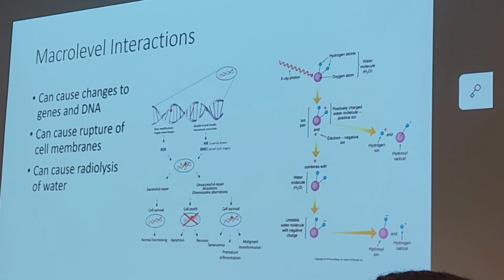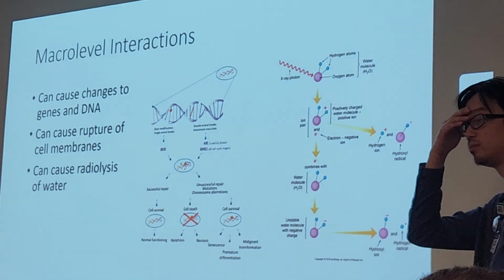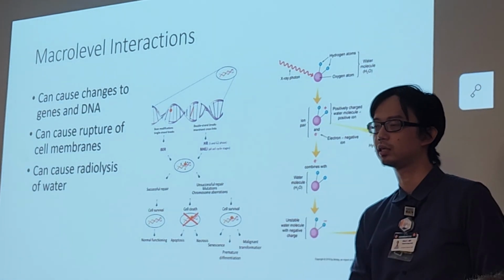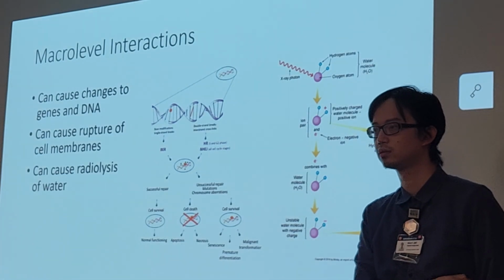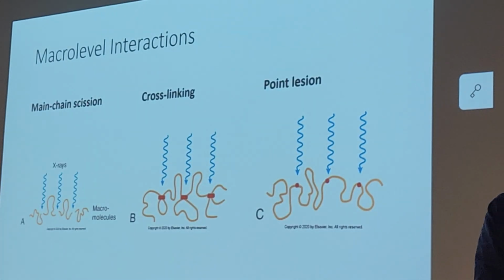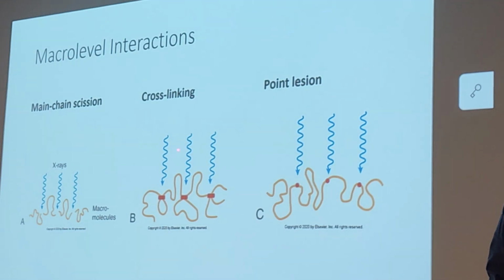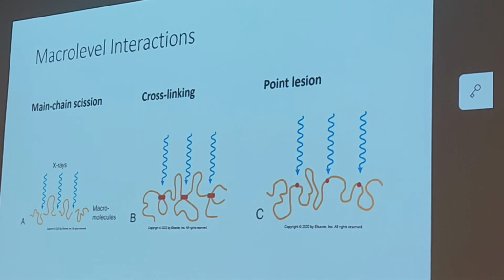Okay, sorry, yes, Charles. Just to recap from my brain: in main chain scission, the X-rays cut through the DNA. Yes. In cross-linking, the X-rays link DNA. Correct. They connect points that should not be together.